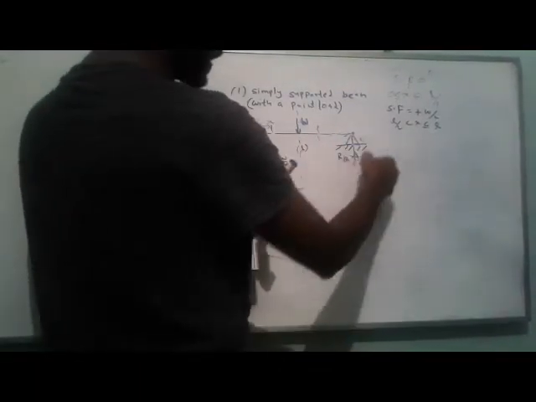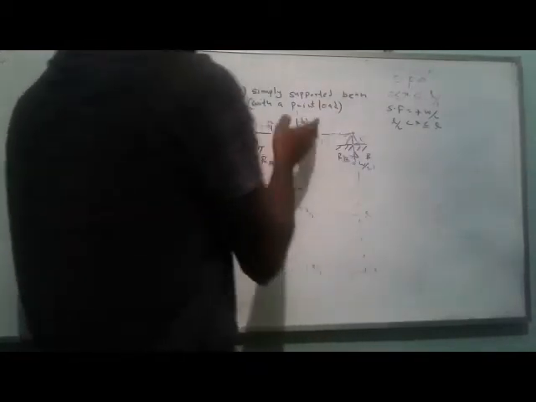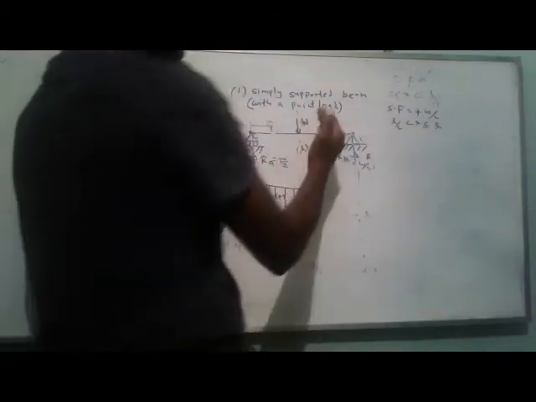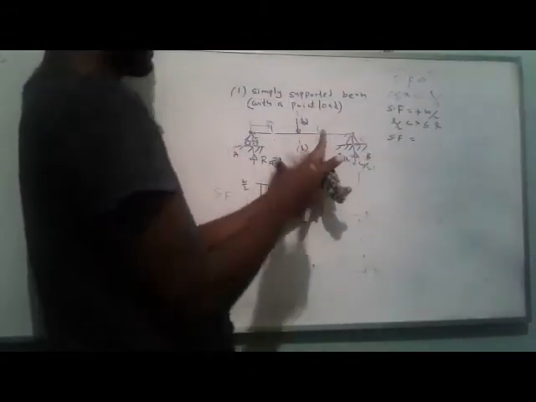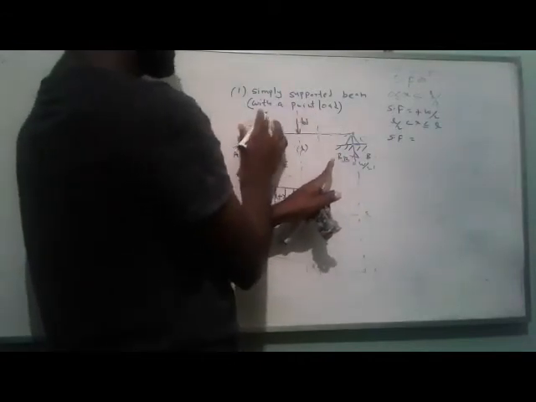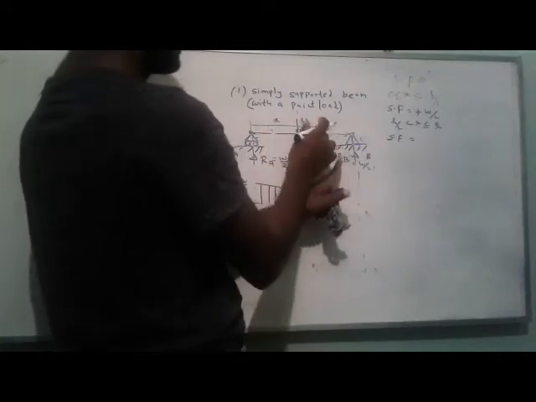If there are a lot of sections on the left-hand side, it is better to consider this section to find the shear forces. But it is only this W here, therefore we consider this section. So shear force is equal to, when X comes to here, within this section.